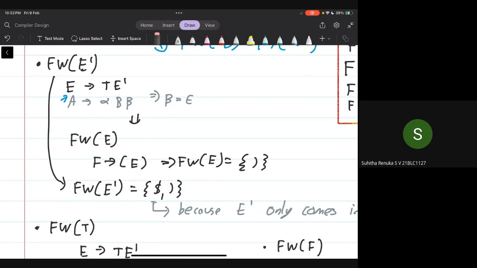We got that already. You don't need to do this again; you can directly write it equals this and closing bracket.